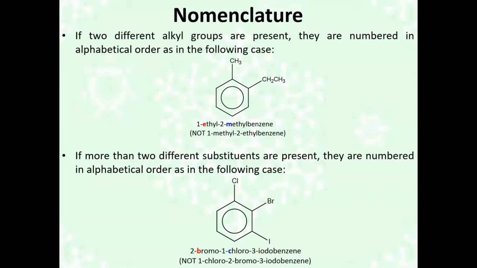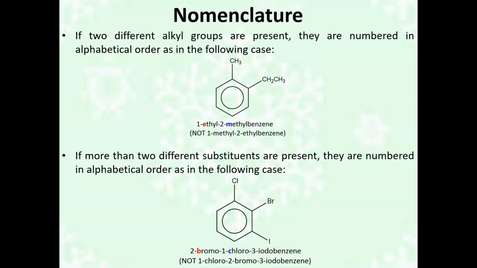As mentioned, we number according to alphabetical order. So chlorine is at position 1 because of the letter C, followed by bromine at position 2, and then iodine at position 3.